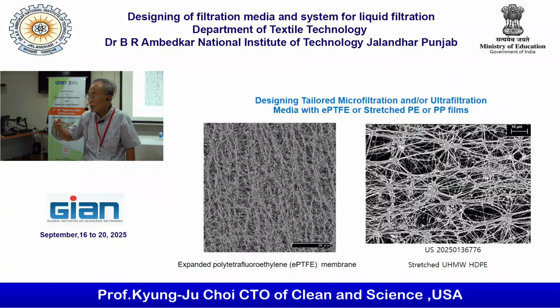We normally call it a tenter machine, T-E-N-T-E-R. Then you can stretch so-called biaxially, simultaneously. I don't know whether you notice that this is a 30 micron bar. Look at how small the fiber is. Also look at this, the uniformity-wise.